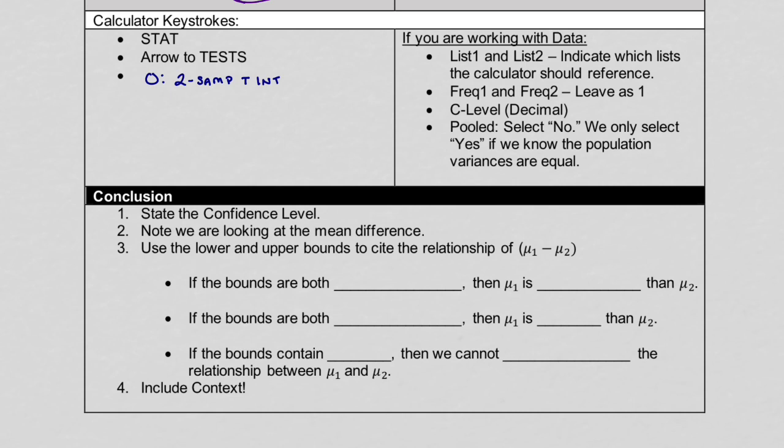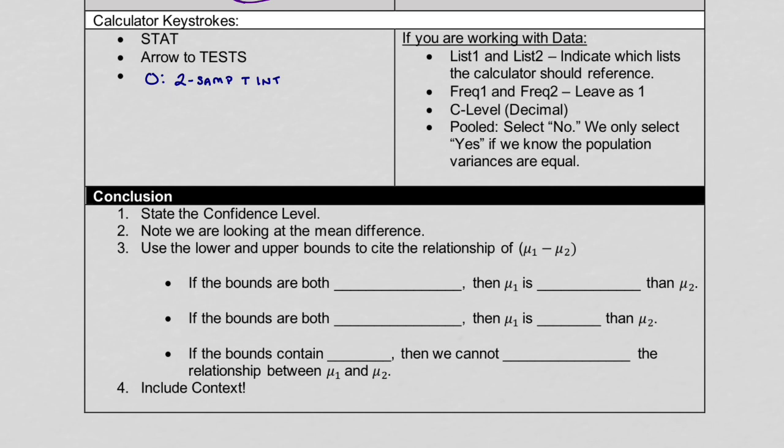Likewise, if you are asked to do a confidence interval, you're most likely going to see the word confidence in there, or you're going to see a larger percentage, or you're going to see the word interval in there. So in that situation, once you go into the test option, you are going to want to select an option that has the word interval in it.